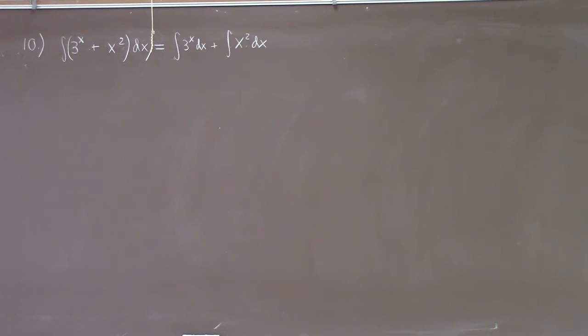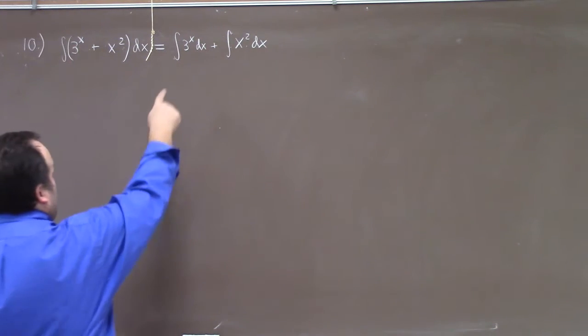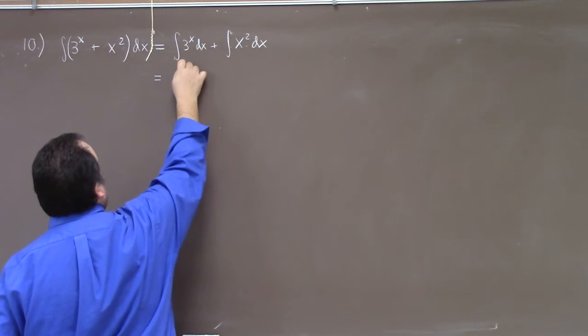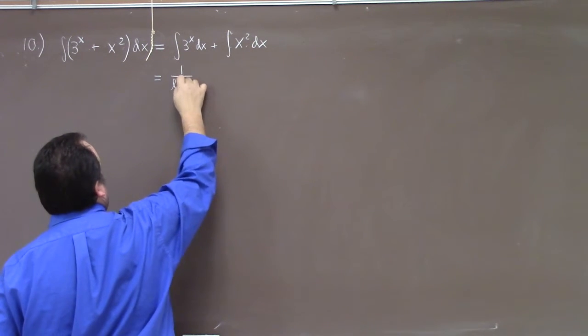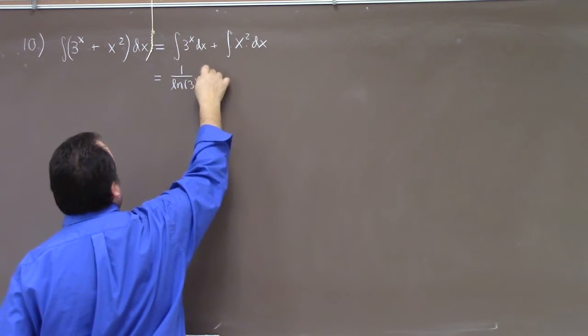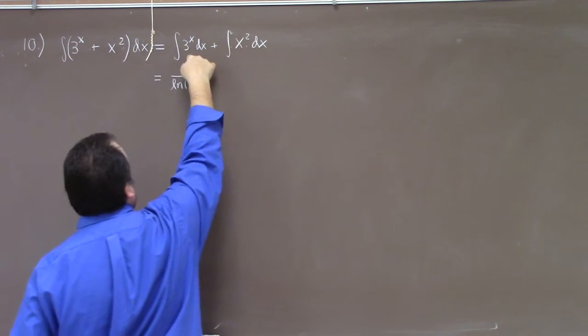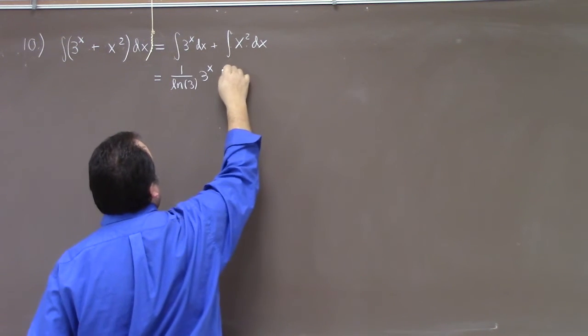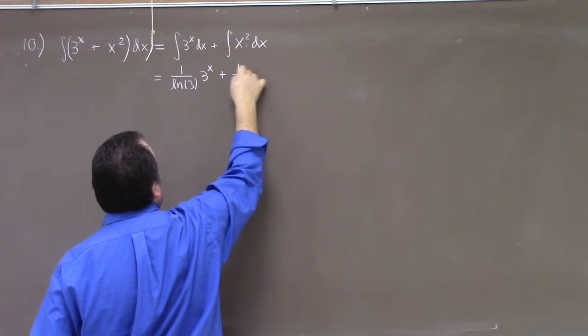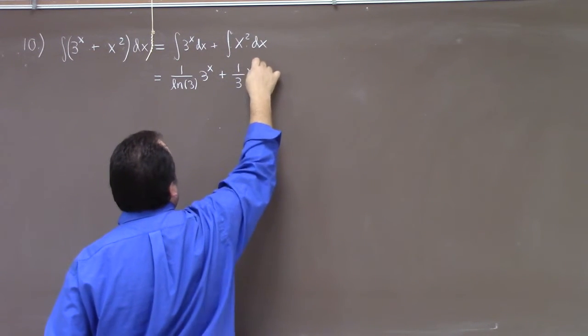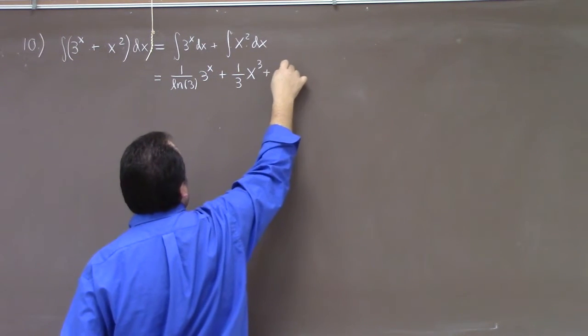So 3 to the x, basically it's just a equals 3. So to do this one, we're going to do 1 over the natural log of 3 times 3 to the x. That's the integral of this piece. This is n equals 2, right? So I do plus what? Plus 1/3 x cubed plus a constant, right?